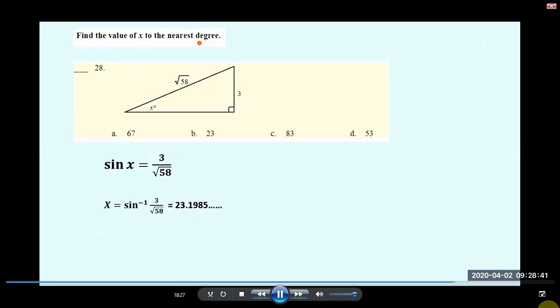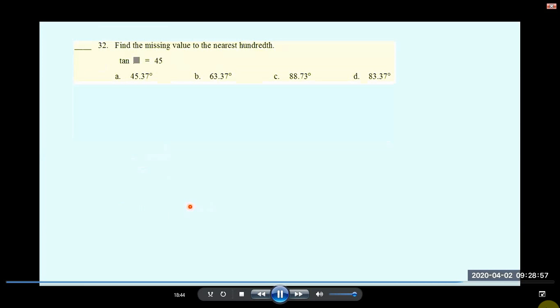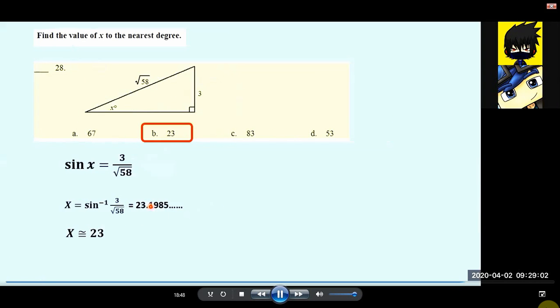Nearest degree means units. This 3, will it be 3 or 4? The 1 after it is less than 5, so it will be 3. So it is 23.